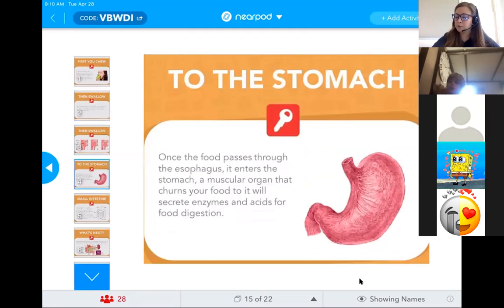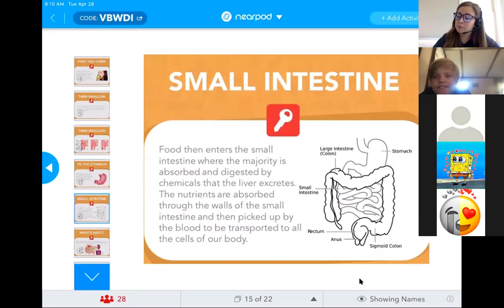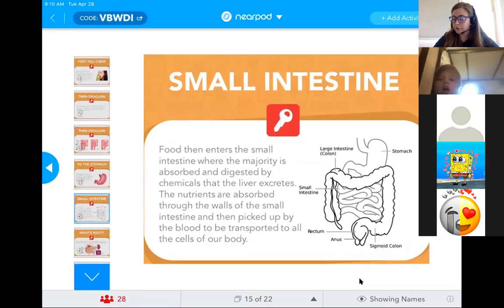And then once the food passes through the esophagus, it enters the stomach, which churns your food and secretes enzymes and acids, which help in digestion and further break down that mushy food that you swallowed. Your small intestine comes next. After the stomach, your food then enters the small intestine, where the majority is absorbed and digested by chemicals that the liver excretes.